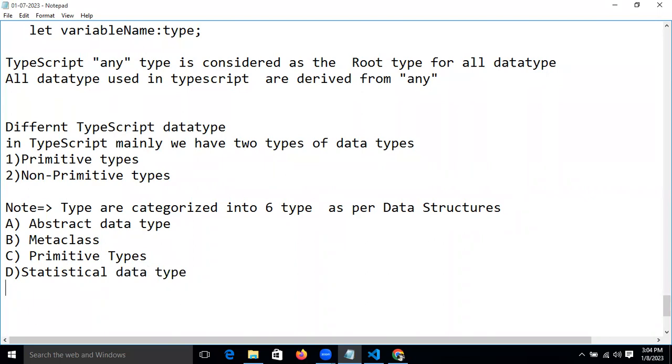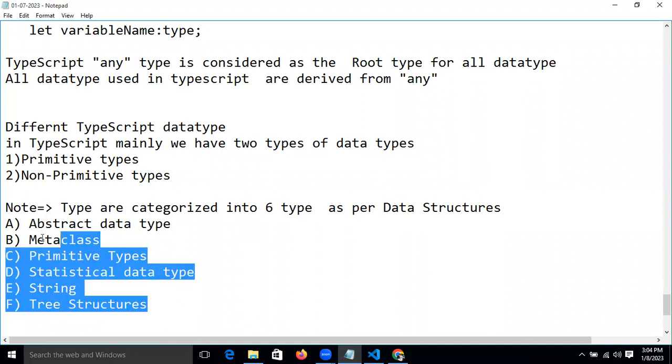Fifth one is string type. And the last one is tree structures, based on data structure, guys.